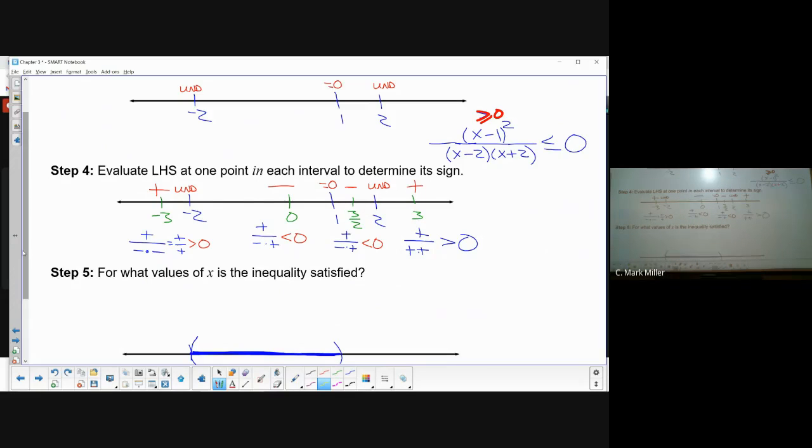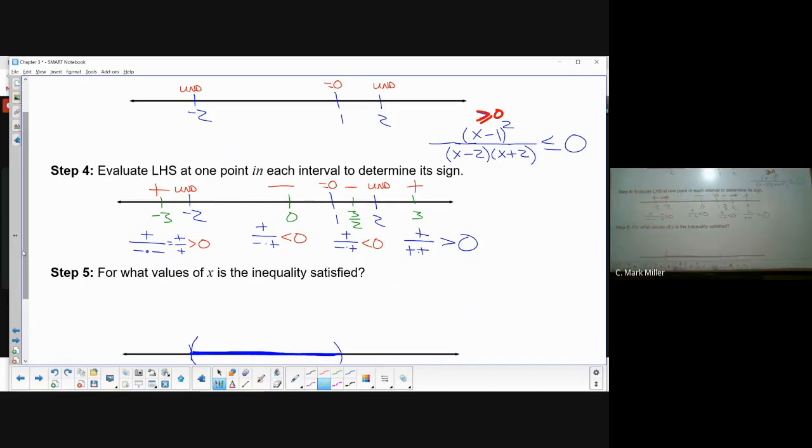This left-hand side here cannot change signs inside those intervals. So we're going to pick 1 point in each of those intervals. We picked last time -3, 0, 3/2, and 3. Right? Those are actually the points we picked last time. Even though this is from a different semester, it's got the same points.